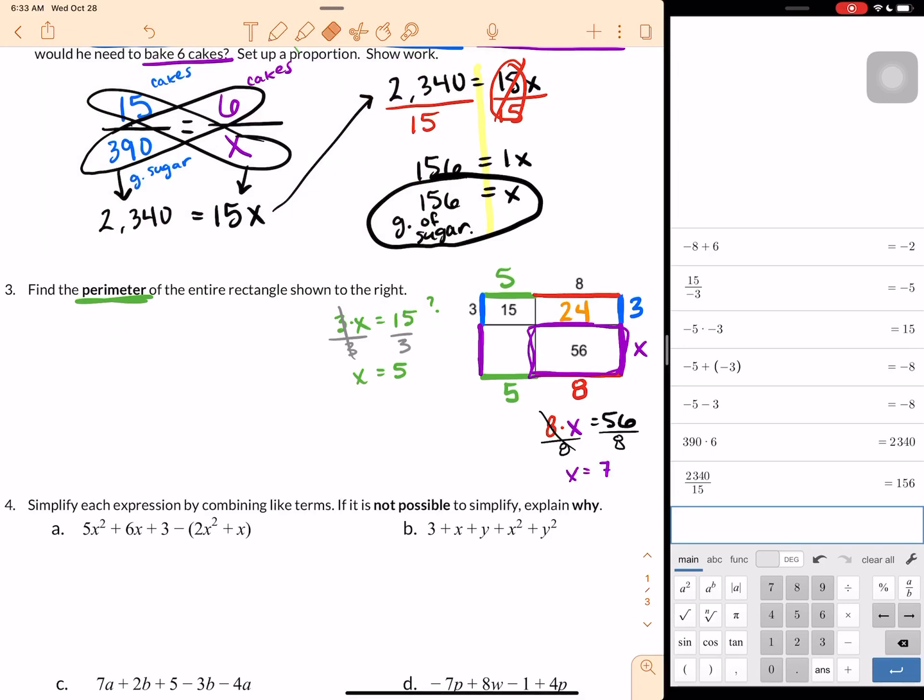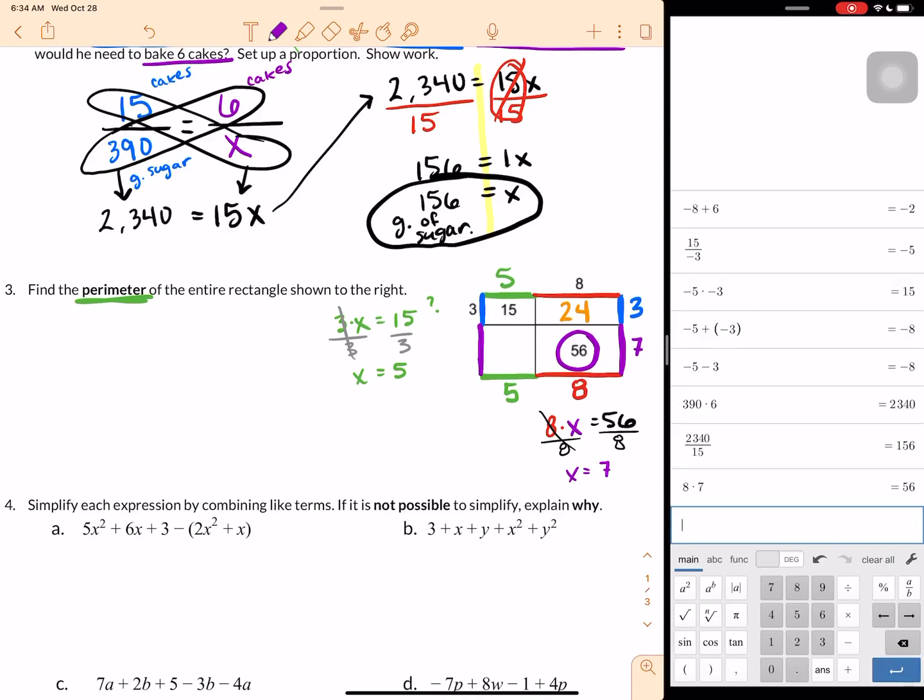So we can double check that to make sure that if that length is 7, I still get this area of 56. If you did 8 times 7 in your calculator, you should get 56. So we know that we're good there. And if you really wanted to, this would be 7, so then the area in here would be 35. But here we're asked to find the perimeter.